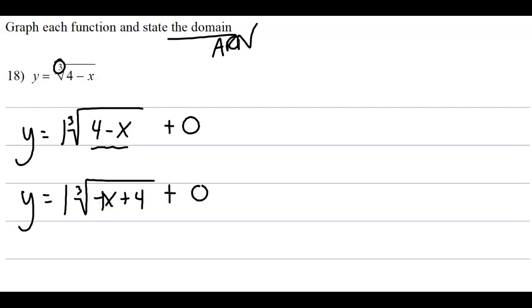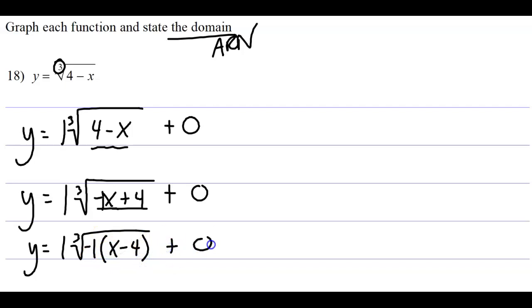So like I said, anytime your x is being multiplied by something and you have a number here, you need to factor it out. So once again, I'm going to factor out that negative 1 from the front, which is going to change it to look like this. All right, from there, we're ready to begin.